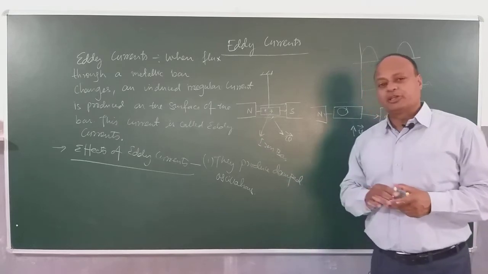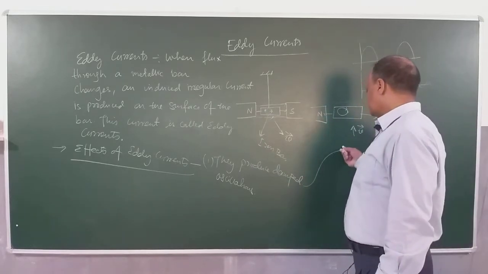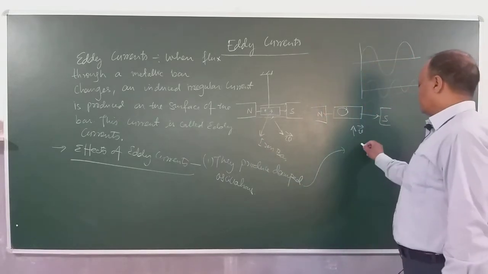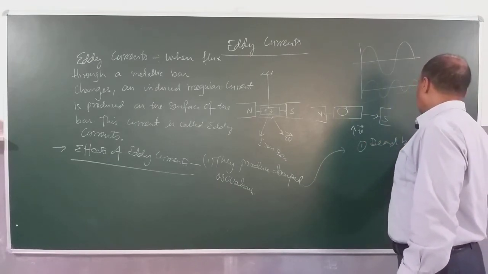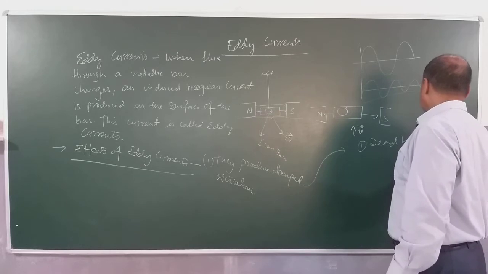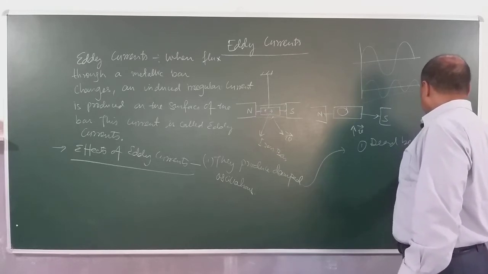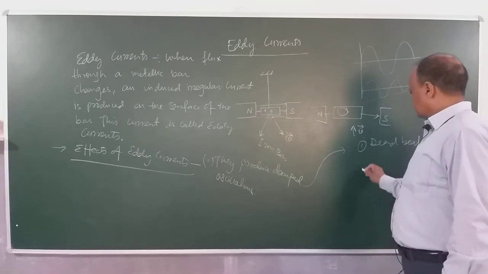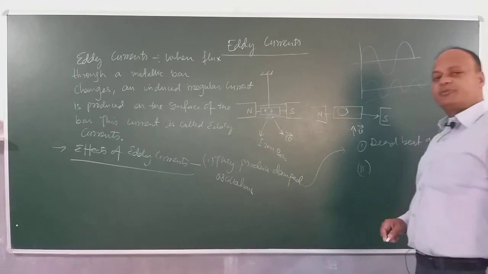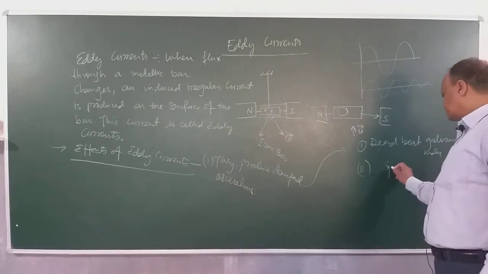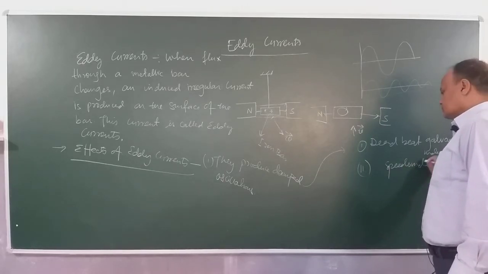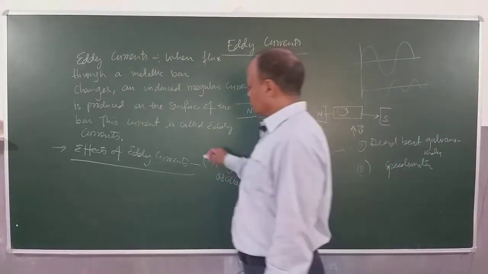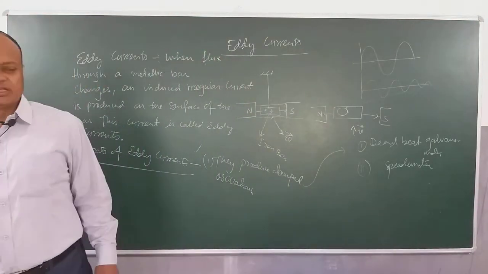This finds many applications, like we have deadbeat galvanometer, then we have speedometers. This phenomenon is used for damping oscillations.